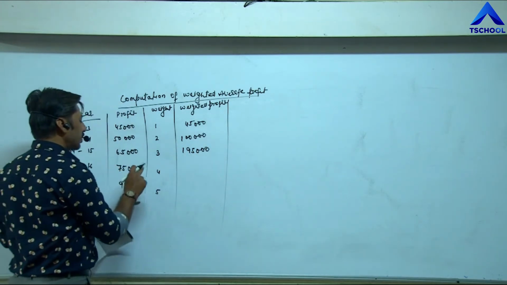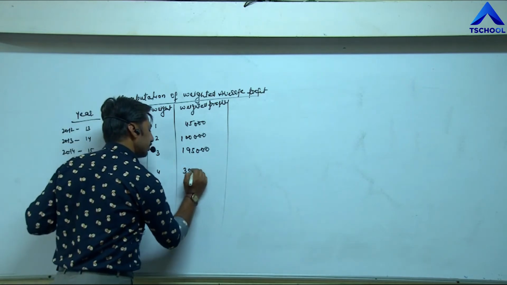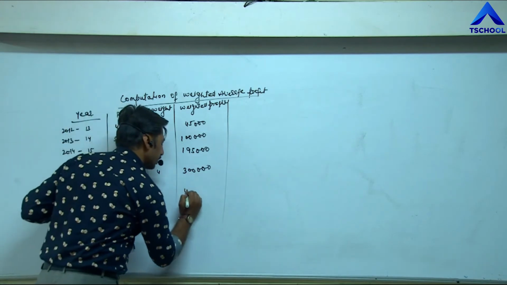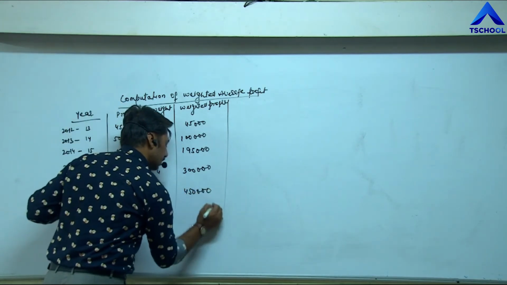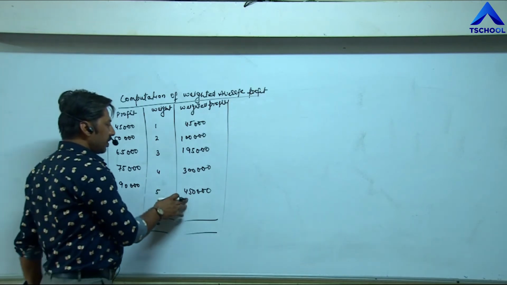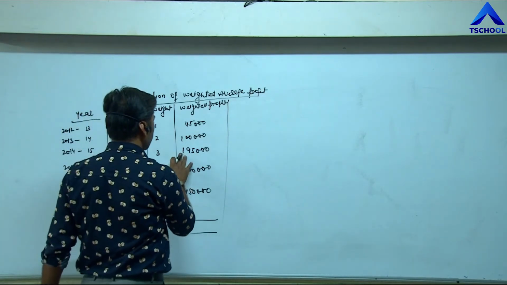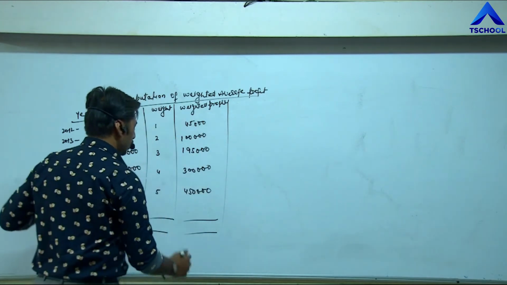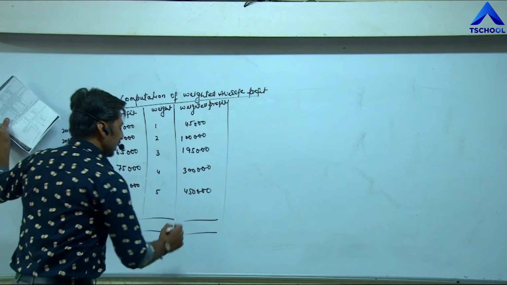Then 75,000 into 4, 3 lakh. And last 90,000 into 5, 4 lakh 50,000. Now adding: 4 lakh 50, 7 lakh 50, 8 lakh 50, 9 lakh 50, 10 lakh, 11 lakh 30,000. Total of weighted profit is 11 lakh 30,000.